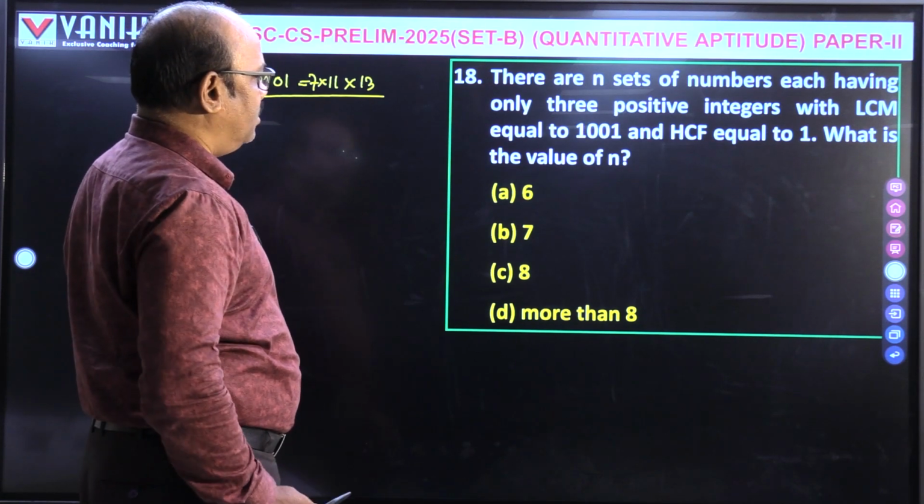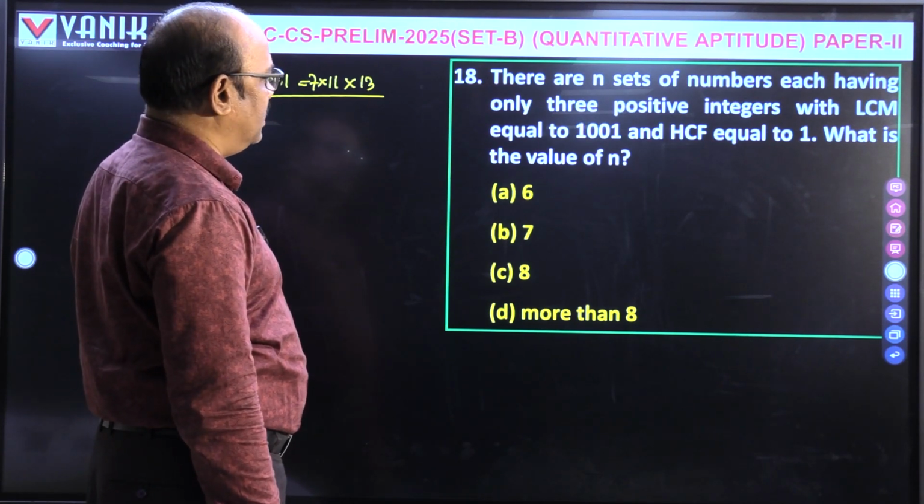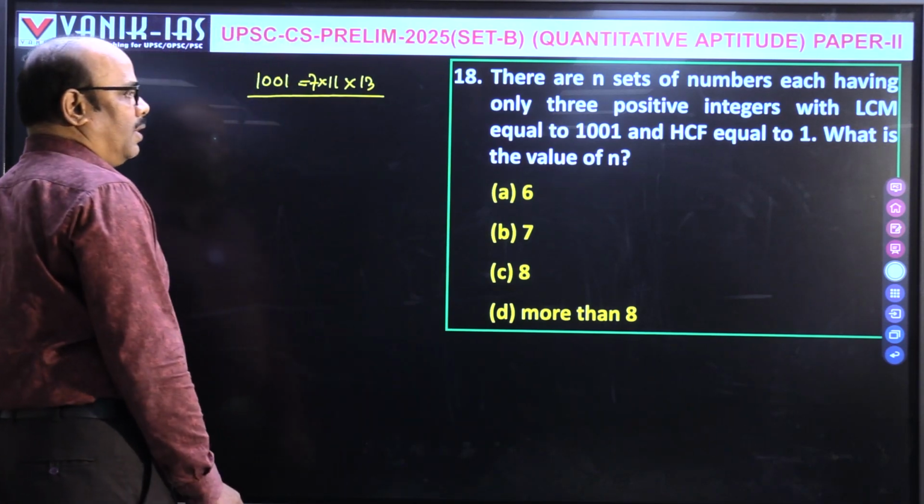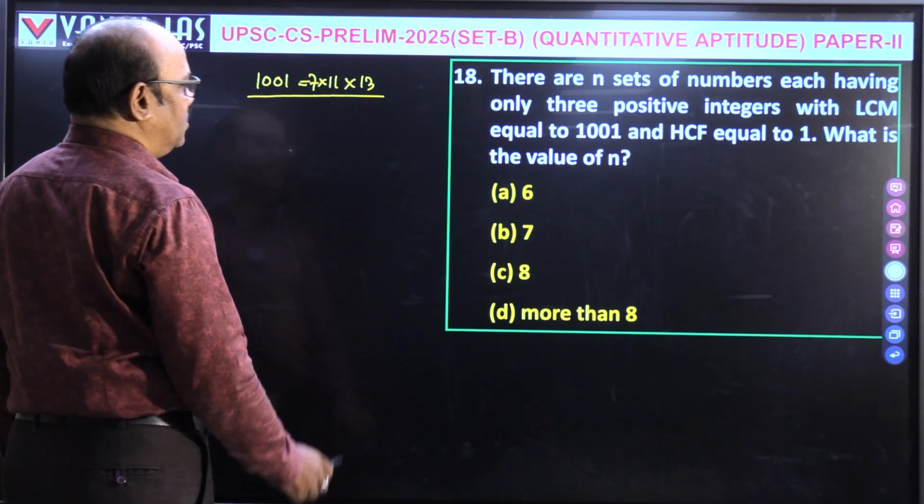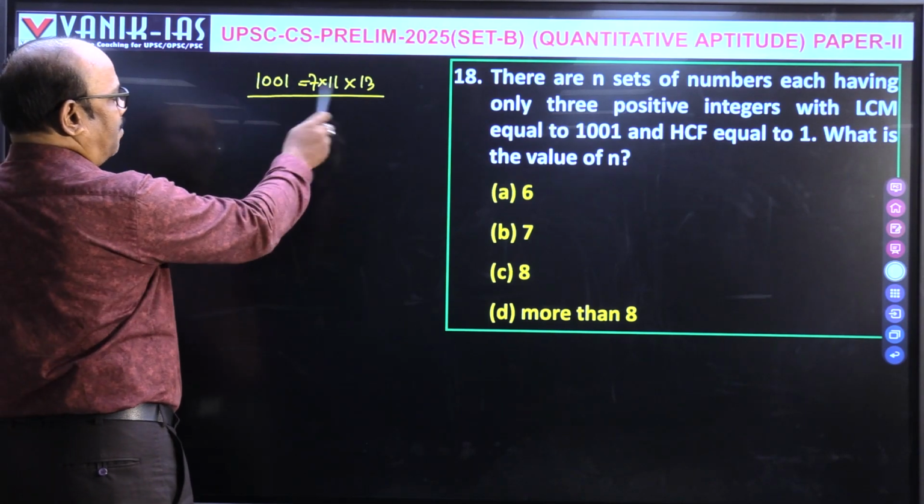So n sets of numbers each have only 3 positive integers. What are the possibilities? The HCF is 1, that means no common factor between them. These are the prime numbers.